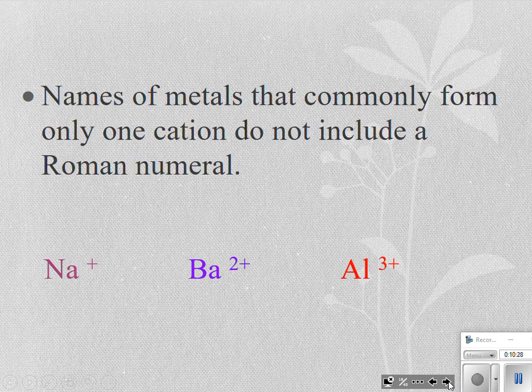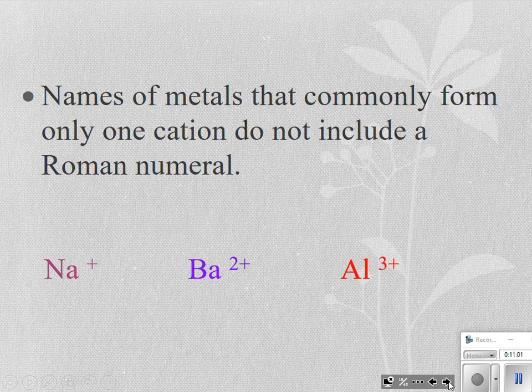Look at chromium, element number 24. What is chromium's numbers? +2, +3, +6. So that chromium right there could possibly take a +6 charge. So you would need a Roman numeral 6. What's Roman numeral 6? VI.